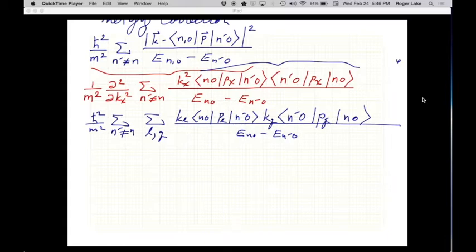So L and Q go from 1 to 3, the indices of x, y, and z. And now I have to do my derivative with respect to kx. So now I have a d squared, the derivative with respect to kx squared.